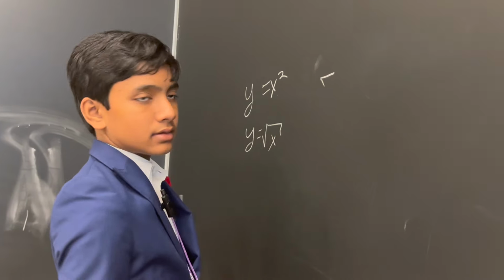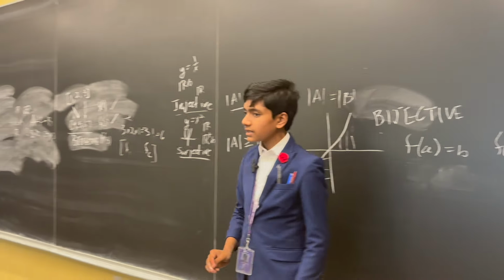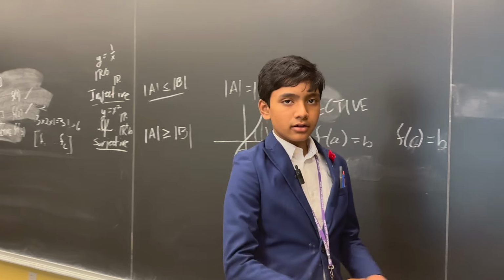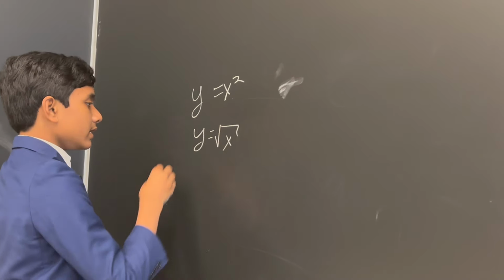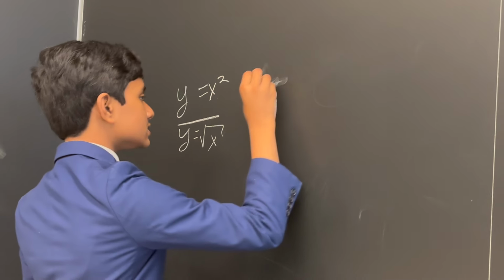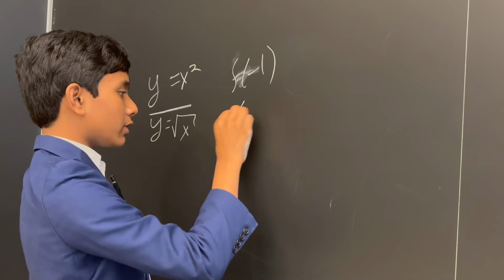I mean, in 1 over x there is a hole, but what I mean is there's no large region where it's totally undefined. This works as a complete function because f of minus 1 exists and f of 1 exists.